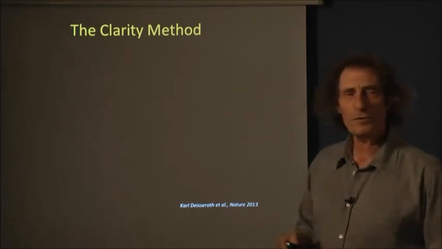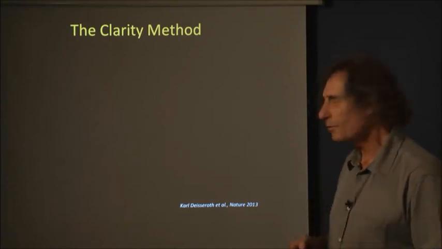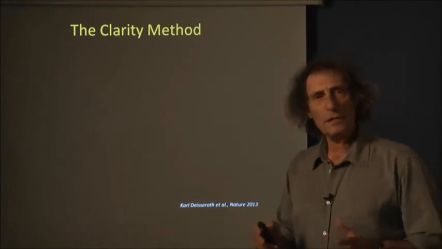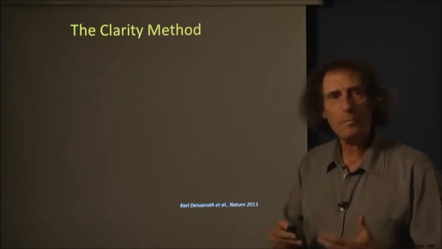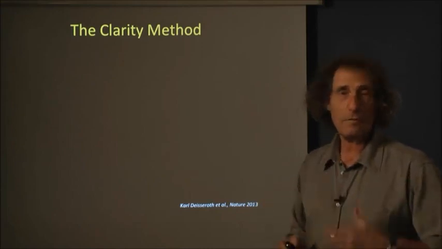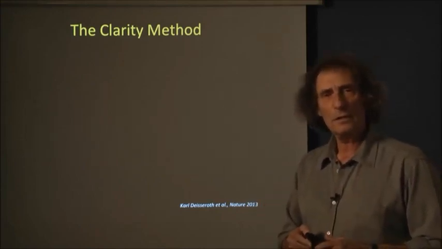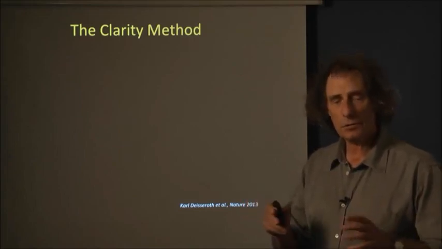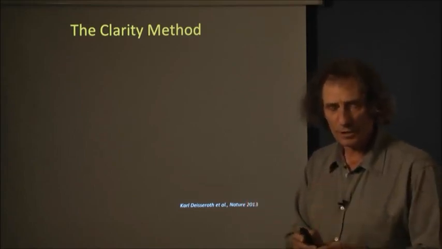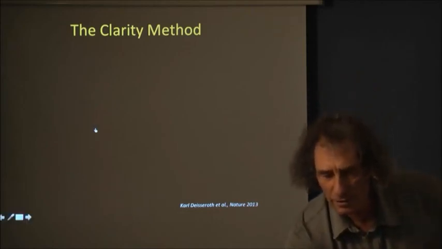It's a very beautiful method developed in the lab of Karl Deisseroth in Stanford and his team. And the idea is to develop methods to make the whole brain of a rat, of a mouse, hopefully of human, completely transparent, which will enable us to look into the brain in a very new kind of way. So here is this movie from Nature.